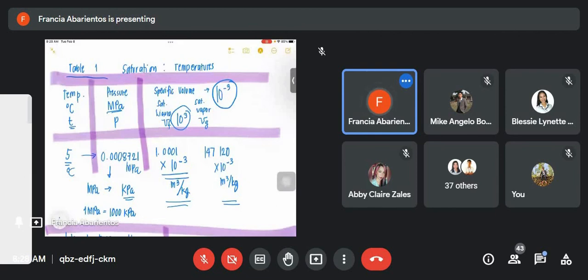Punta tayo doon sa table 2. Magtatapos yung table 1 natin at page 7. So we have now the saturation pressure at page 8. The same lang siya, class, but dito ang given na sa atin is the pressure. Okay?